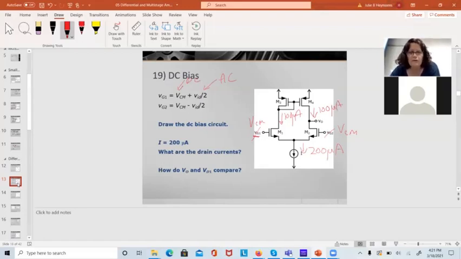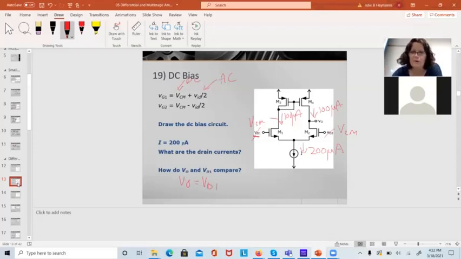So we got all the drain currents there. How do V out and VD1 compare? They should be the same. V out should equal VD1 because we have this perfectly matched circuit.